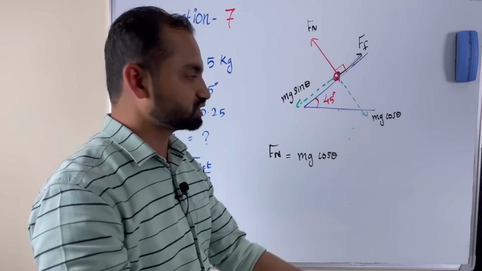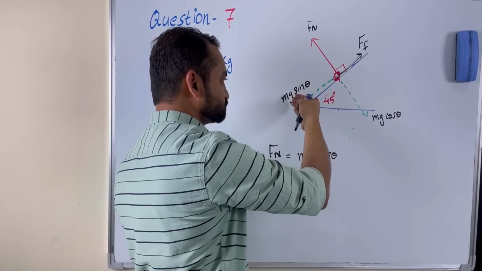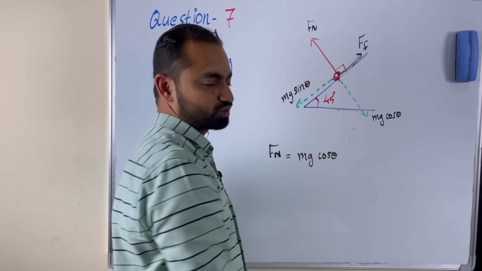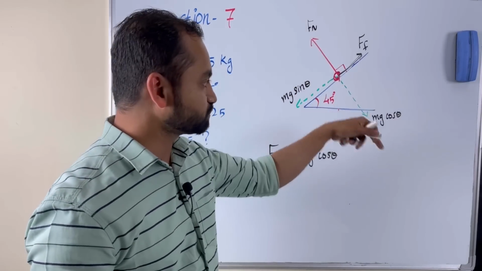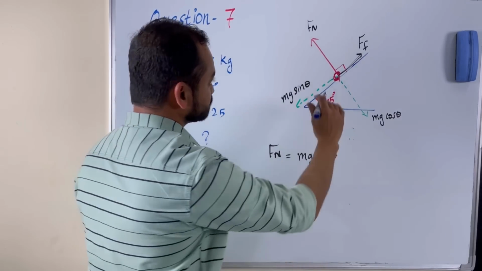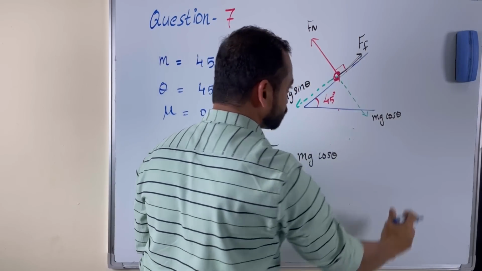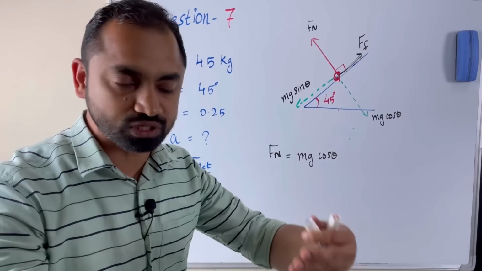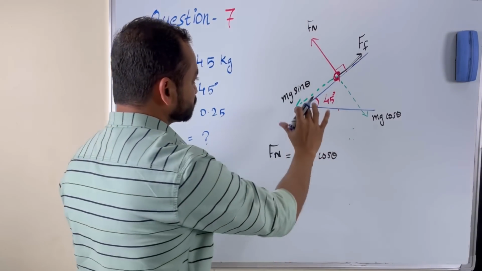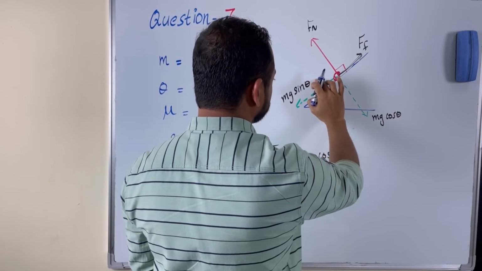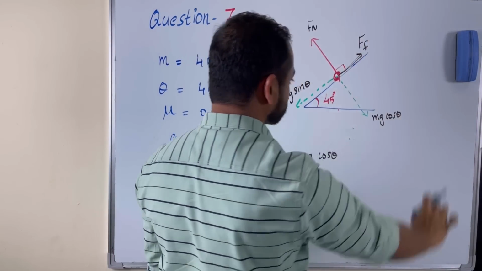We resolved it into mg sin theta and mg cos theta, its parallel component and perpendicular component. We wrote it separately. Okay. So out of these forces, this normal force and mg cos theta are equal and opposite, so they balance each other. Then what is remaining? Mg sin theta and the frictional force.